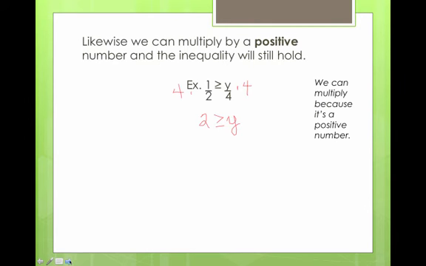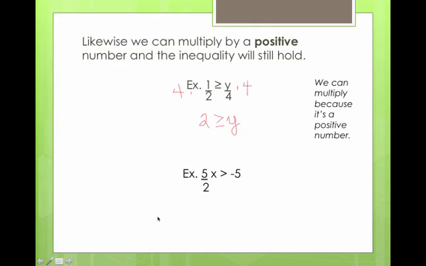And let's look at another example. I've got 5 over 2 x is greater than negative 5. So I do have a negative number over here, but the coefficient on my x is not negative. So how am I going to solve this one?